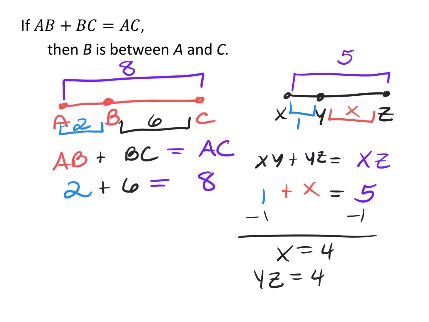So this little piece of my puzzle here, 4 plus 1 is 5. So by using this segment addition postulate, they can either give you the whole thing and one little piece and expect you to find the other little piece, or give you both little pieces and find the whole thing.